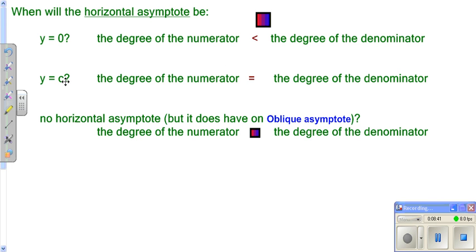And it would be y equaling whatever those numbers were. Whenever the degree of your numerator is greater than the degree of your denominator, there is no horizontal asymptote. However, there is an oblique asymptote, and we'll be talking about that later.